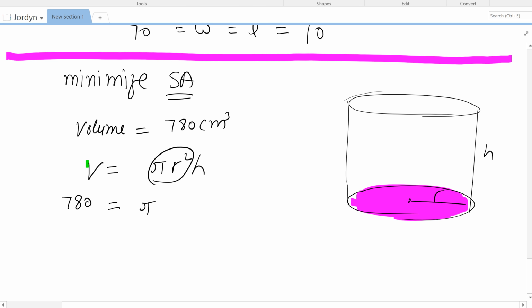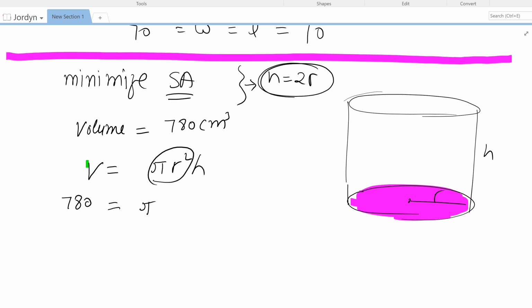Now we know that it's gonna be minimum if your height is equal to 2r, right? In order to minimize it, you have to make such a shape whose height is equal to 2r. So the diameter of this cylinder equals the height of the cylinder.